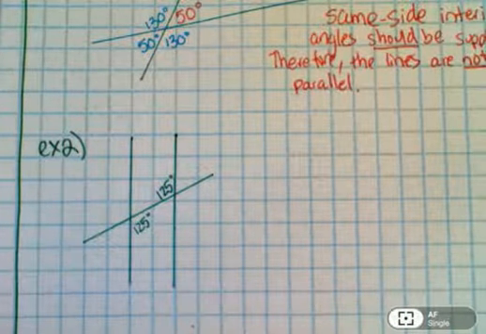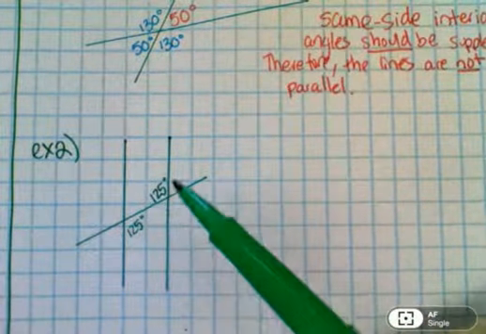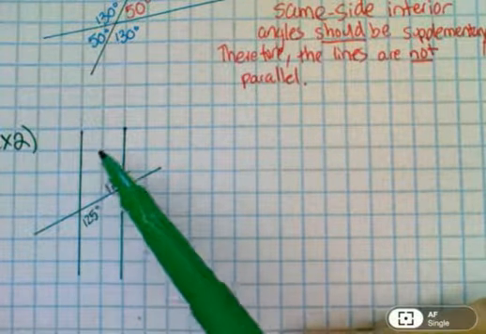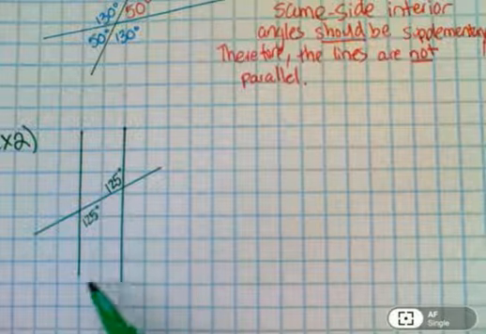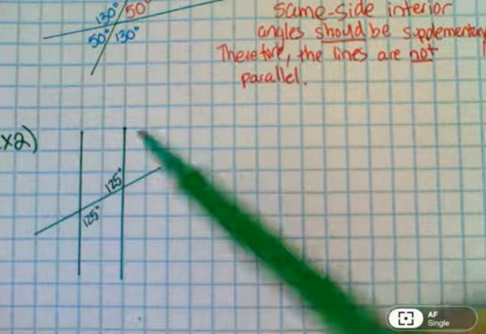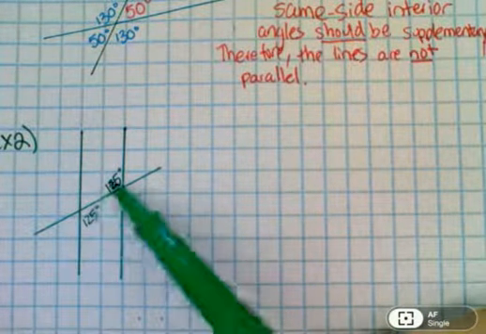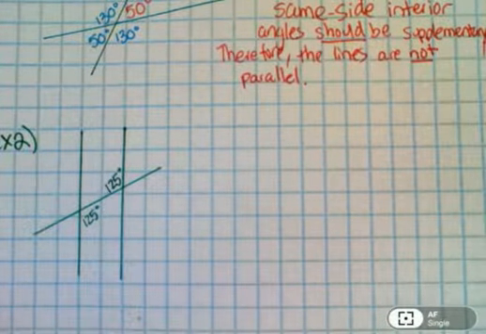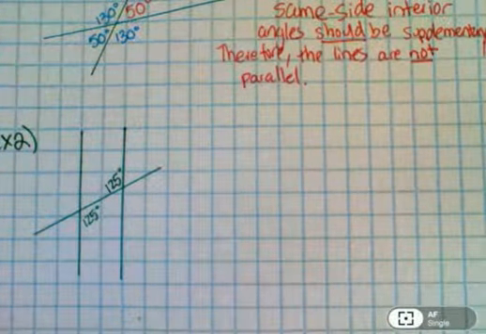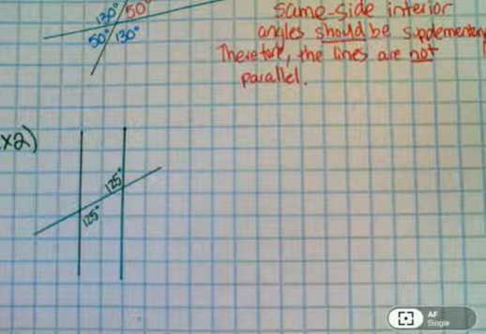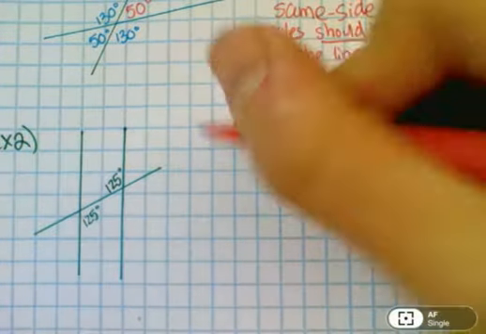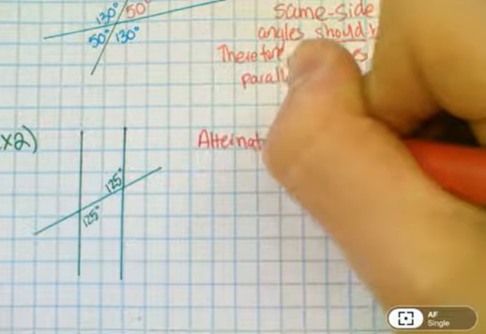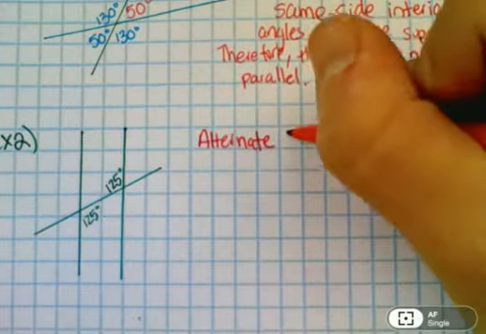It turns out that we need to think, what is the relationship here? What's it called? In this case, they're on the interior of the lines, and they're on opposite sides of the transversal. One's above it and one's below. So think about what that relationship is. Look back at your notes if you need to. These are alternate because they're on alternate sides of the transversal.